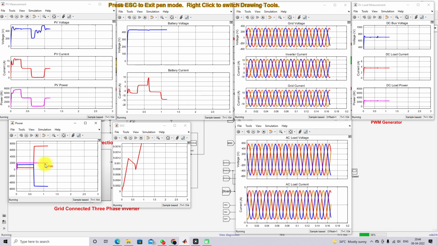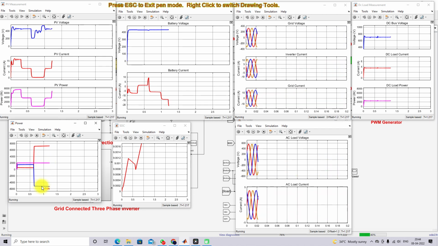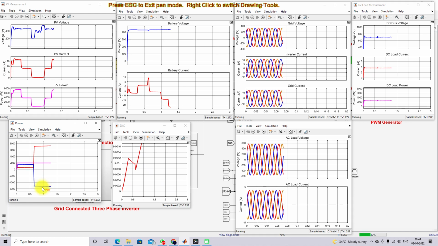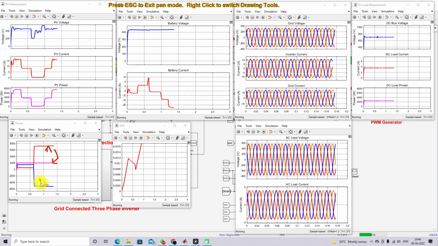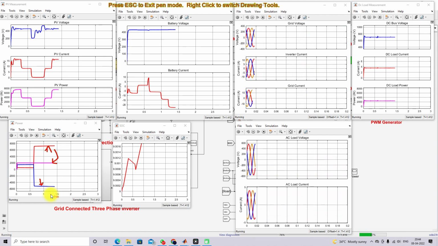Here you can see the load power is 2000. The inverter power is around minus 5000, sorry, minus 5000. That means the grid is now supplying power to the AC load as well as to the solar PV system.